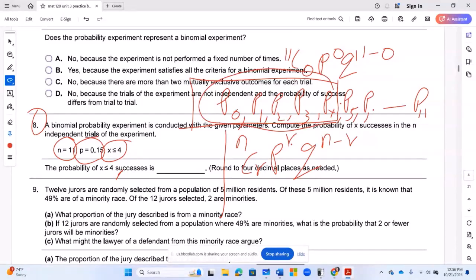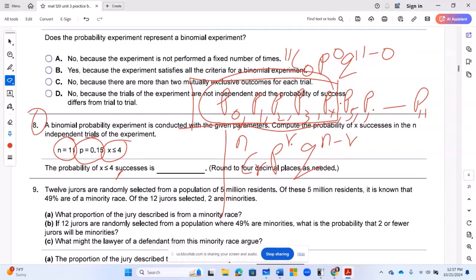But I'm not making a table of the binomial distribution. I'm just trying to find the area under the binomial distribution from 4 down to 0, using what is given to me: the sample size is 11, and the success is 15%.